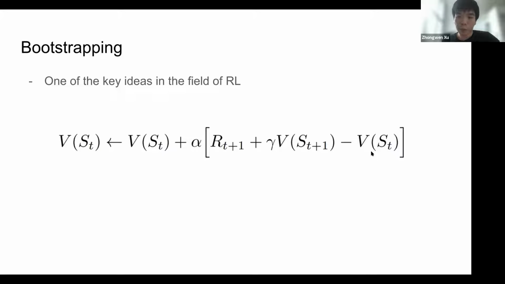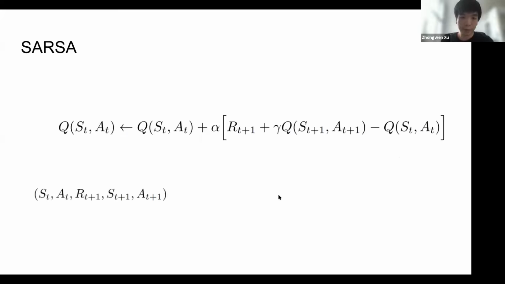But this is a very important concept because it allows you, without any oracle of the value function, to keep iterating and keep learning from your future estimation. Your value function can become more and more accurate.